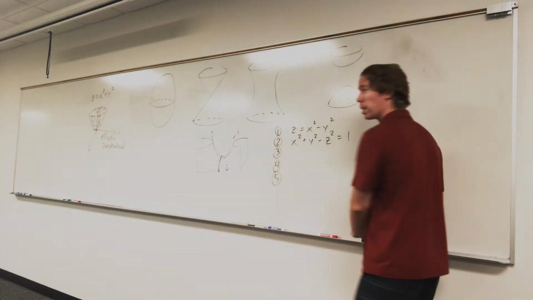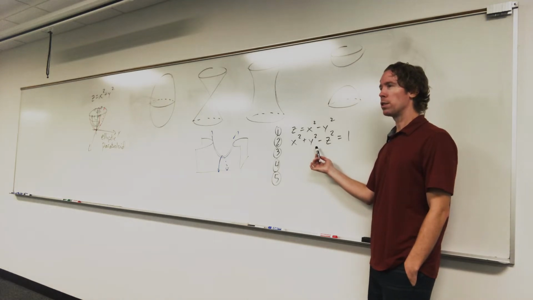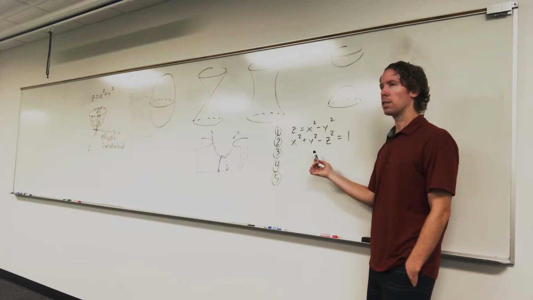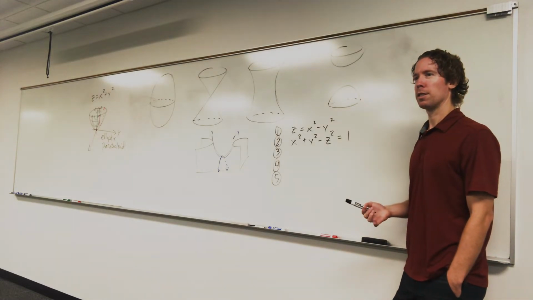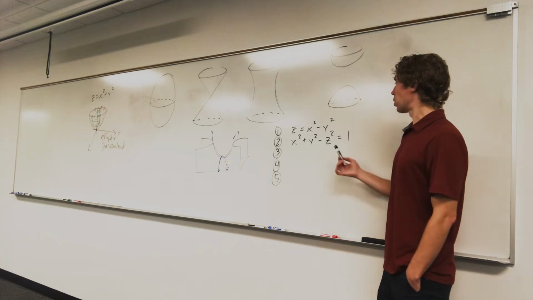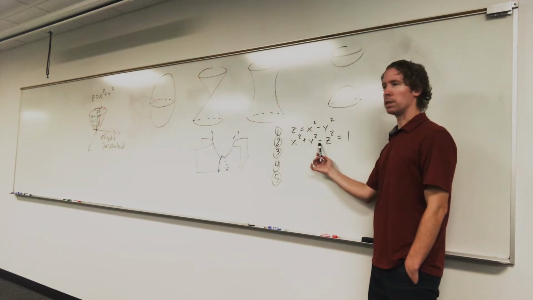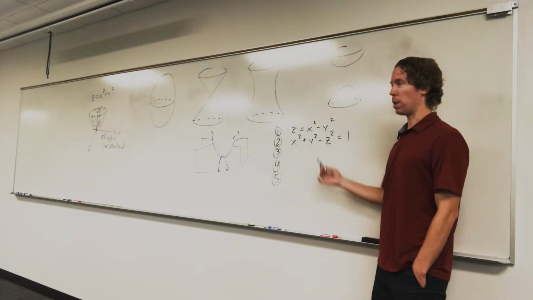We could have something like this. Do you remember the equation for a sphere? It's (x minus a) squared plus (y minus b) squared plus (z minus c) squared equals the radius of the sphere squared. Good. So this would be a sphere if this said plus z squared. If it's minus z squared, it changes things. And we'll think about how that changes things.